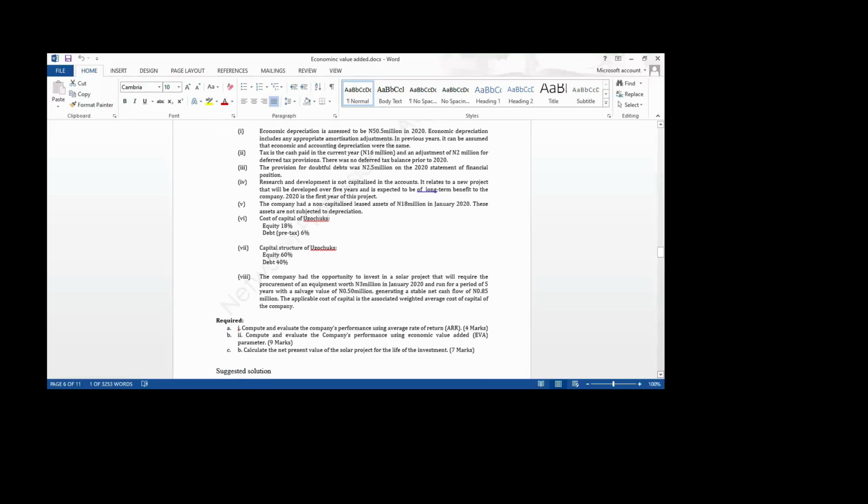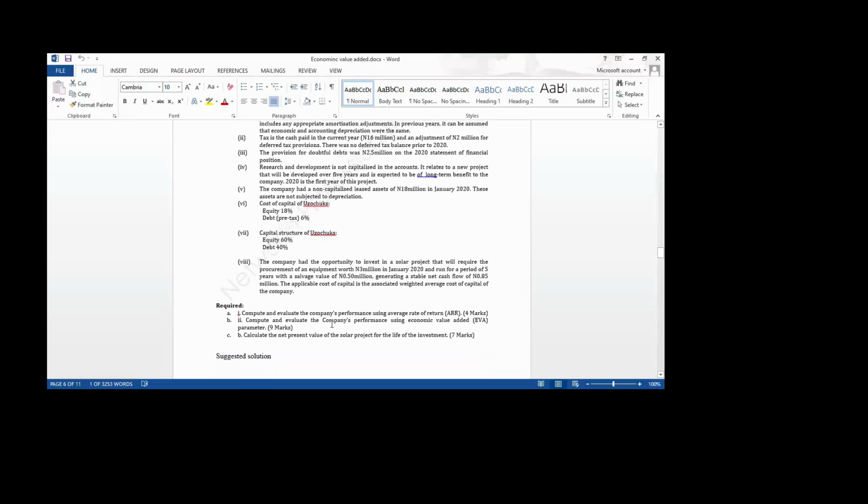Requirement A, we solved this. Requirement A1, we solved it in the last class. Compute and evaluate the company's performance using average rate of return. At our last class, we solved this.